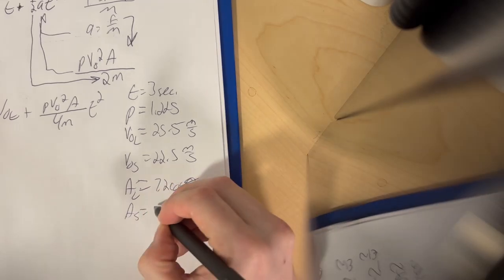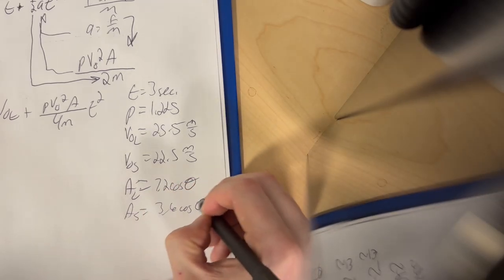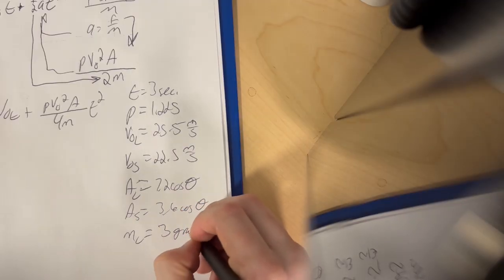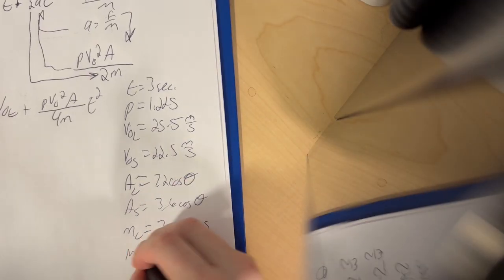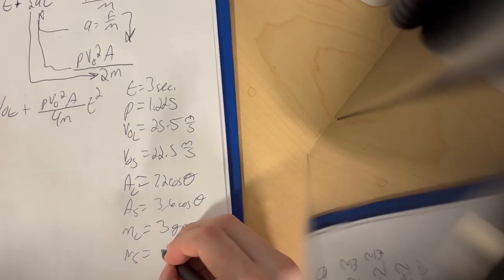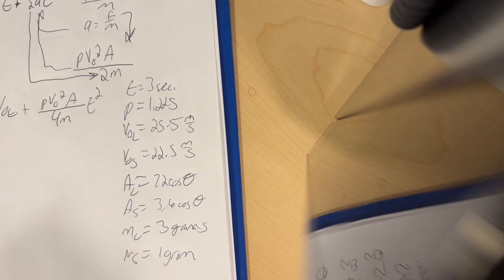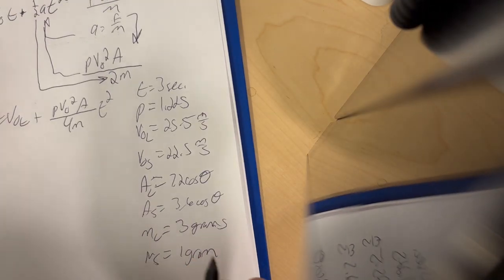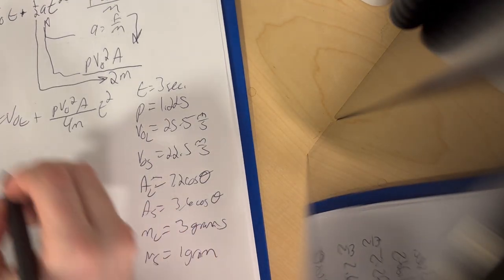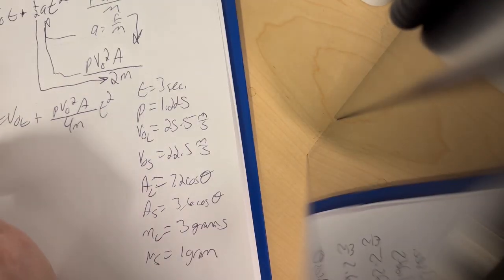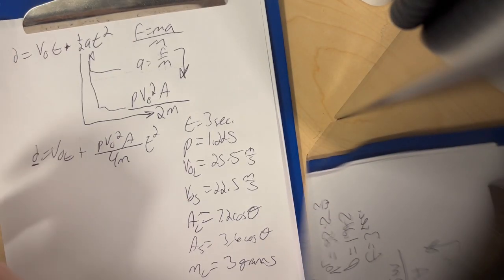Area of a short dart is 3.6 cosine theta. Mass of a long dart, we're going to say is 3 grams to be easy. Mass of a short dart is going to be 1 gram, which is about average. So the next thing we can do is start plugging in our values and set the equations equal to each other. We don't actually need to find d, because that's very loosely defined in this case.